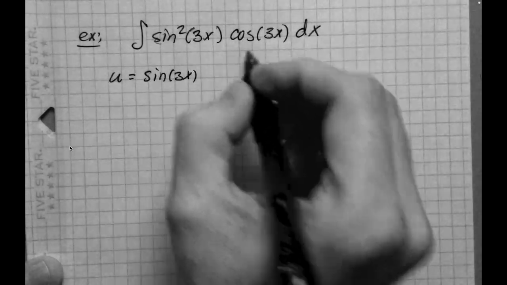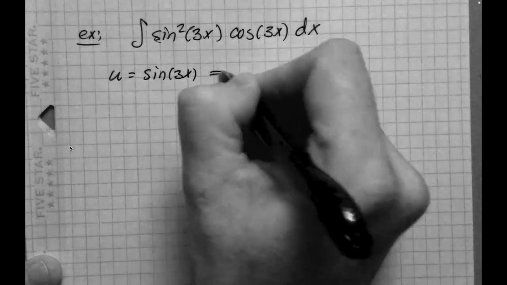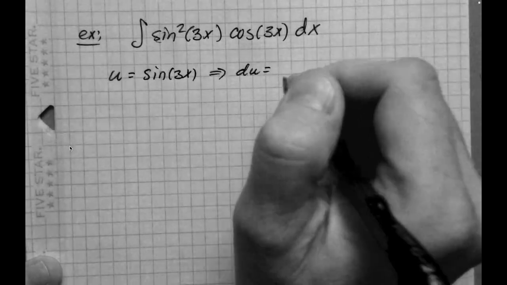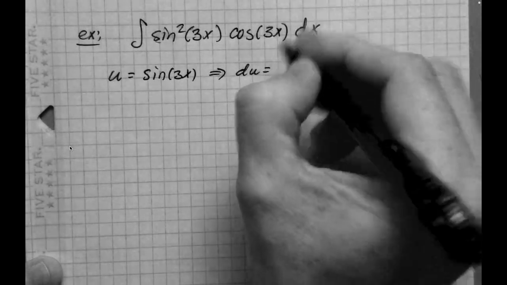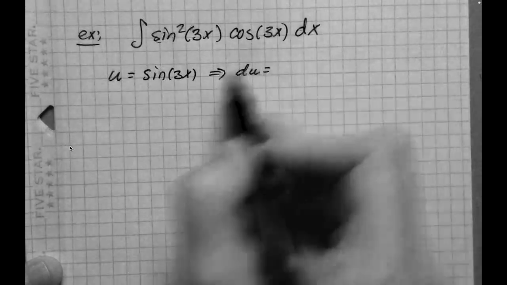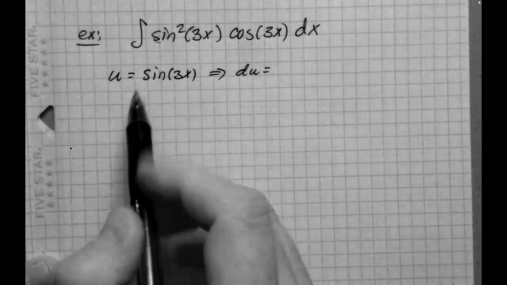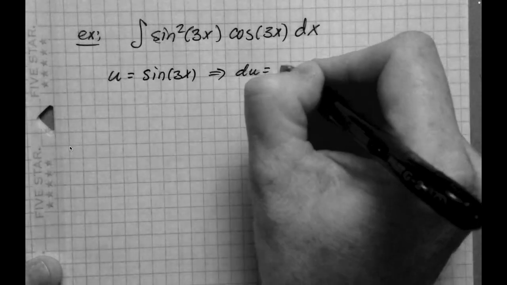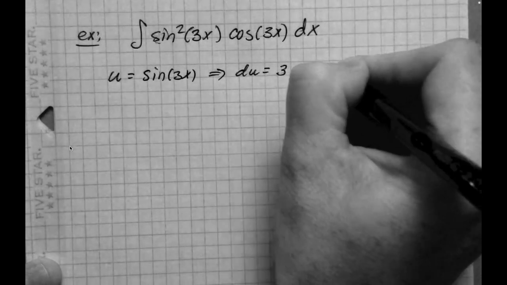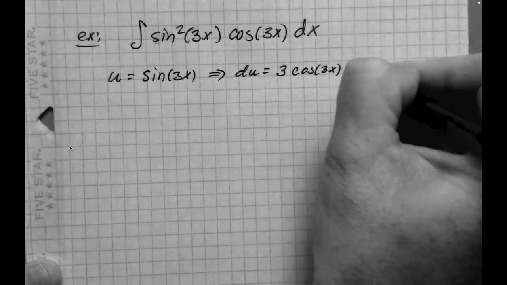So this is like the inside function of a u squared. Then du is equal to the derivative of sine of 3x. Now you've got to use the chain rule on this, and so you would get cosine of 3x times 3. So I'm just going to write it as 3 cos 3x dx.